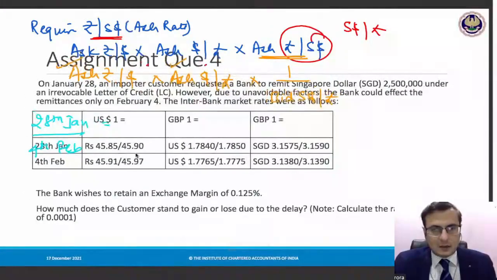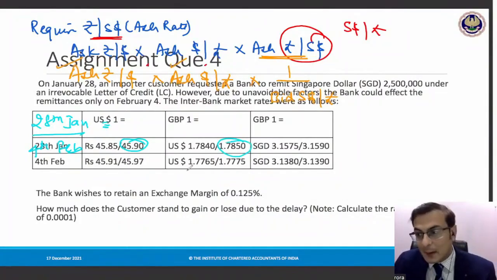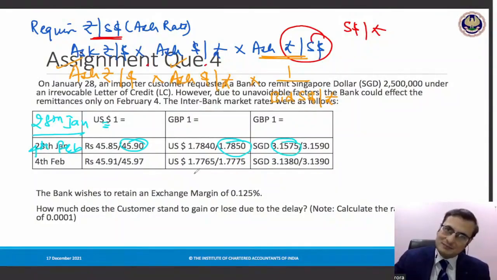So on 28th January, what are the rates that you need to take? Which one? Bid or ask? Simple. Ask for this. For this, the ask rate, but in this case, the bid rate. Clear, everyone?